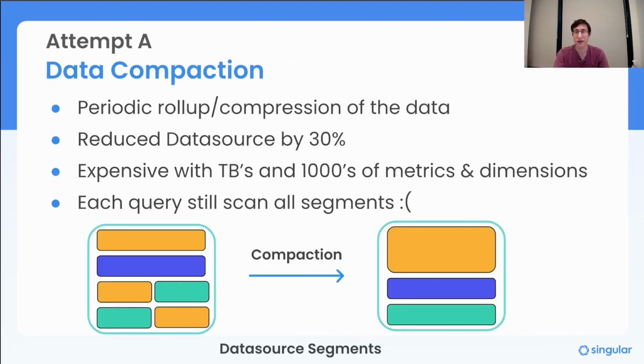Next, we tried some kind of data compaction job. We said, okay, we couldn't do single dim partitioning, so let's just try data compaction. Let's periodically roll up and compress our data. And we did this, and it reduced the data source size by about 30%. Unfortunately, it's very expensive with terabytes and thousands of metrics and dimensions, and it doesn't ultimately solve our original problem, which is that each query still has to go over all of the segments.